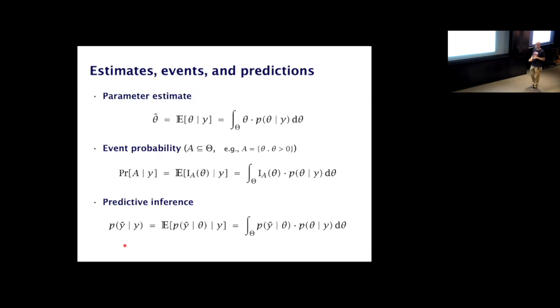And this posterior predictive distribution here is telling us, given the data we observe, what do we expect new data to look like, right? And this just marginalizes out the parameters of your model. But it's also an expectation. It's an expectation of the density of that new data given theta averaged over our uncertainty in theta, right?